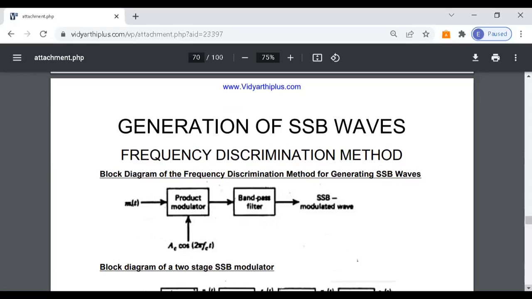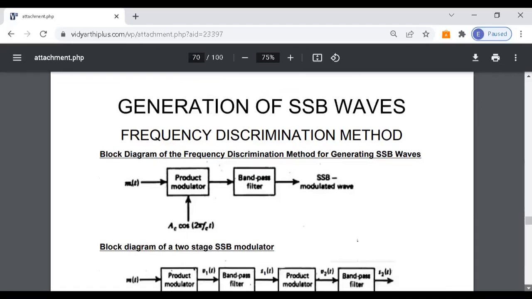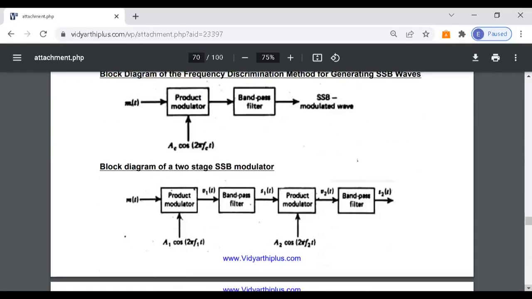Sir, I see where you have the carrier signal and your product manipulation. Yes, sir. You would have MT be the message, this signal. MT would be multiplied by AC because 2 pi FC, right here.